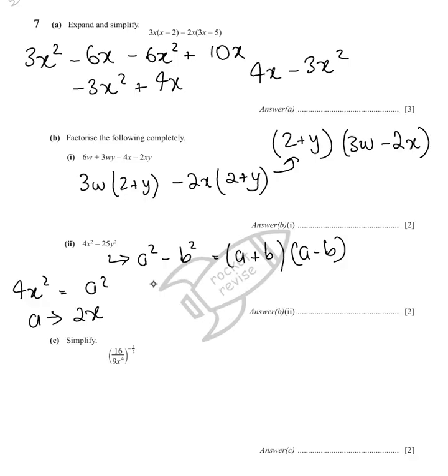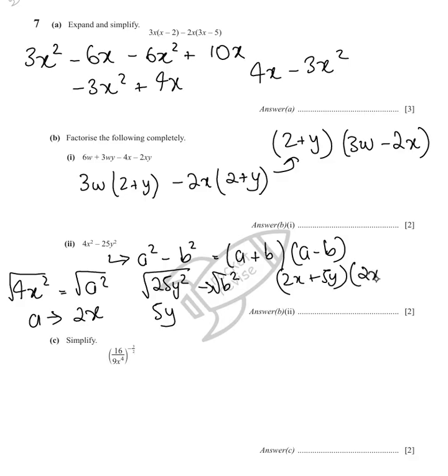If 25y squared is b squared, what does the under root of this become? 5y. Good job. So we have 2x plus 5y and 2x minus 5y. Correct?